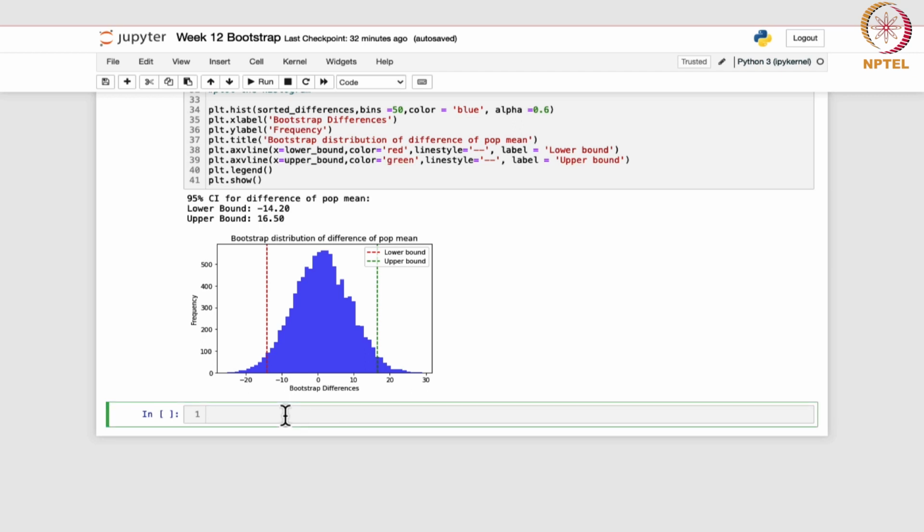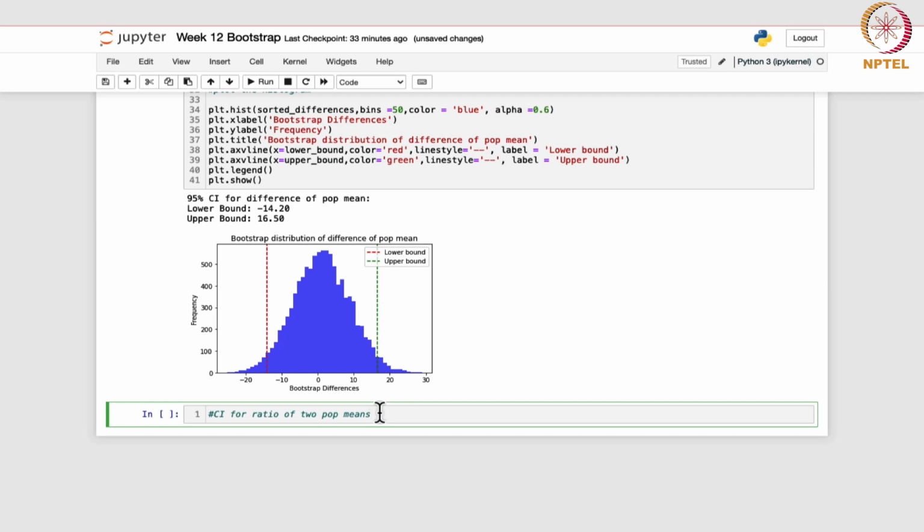So we are done with the bootstrap confidence interval for population mean and for difference of population means. Likewise, you can write for variance also. So here I will be writing the code for the ratio of the two population variances. Obviously, you can write for the single population also. So let me just mention confidence interval for ratio of two population variances. Again, we have seen this when we were dealing with the normal distribution.